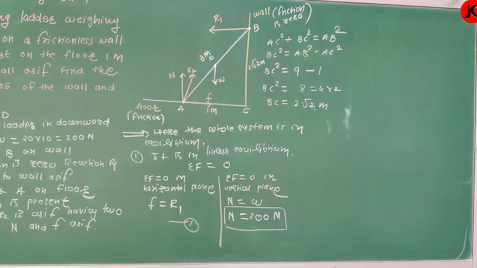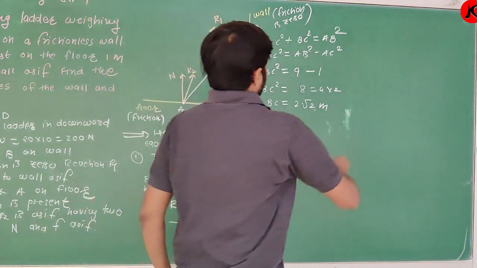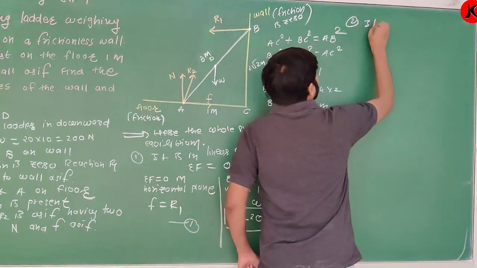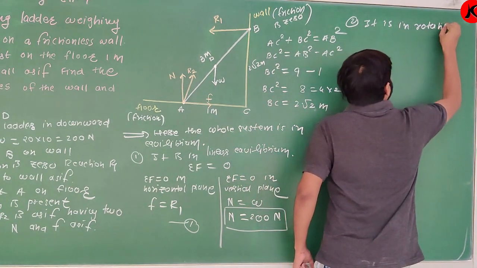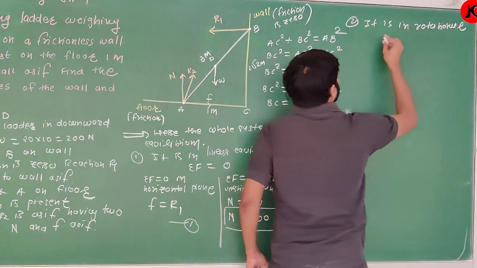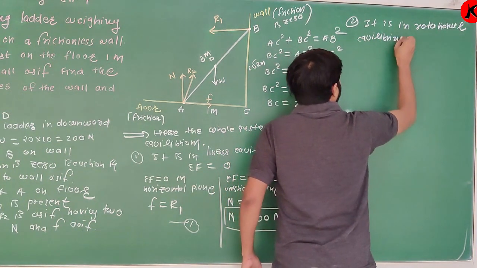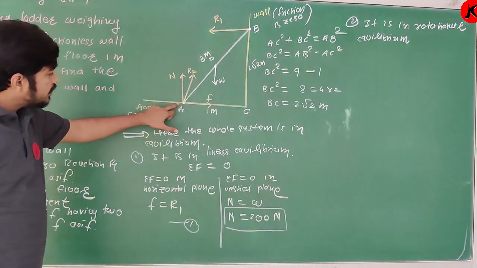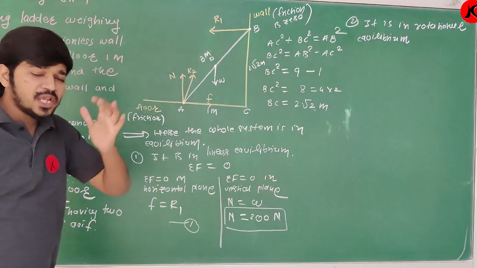Okay, now for rotational equilibrium. See, this point rests on the floor, meaning this point is not performing any motion.